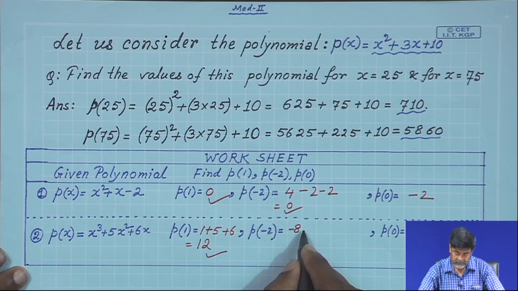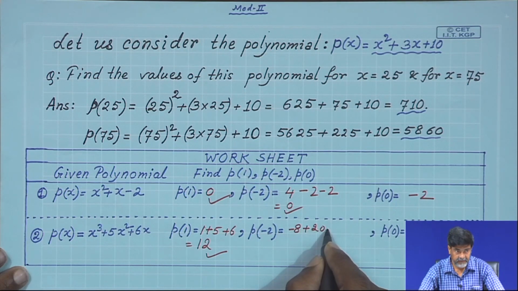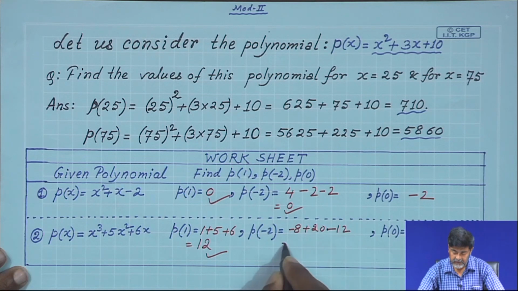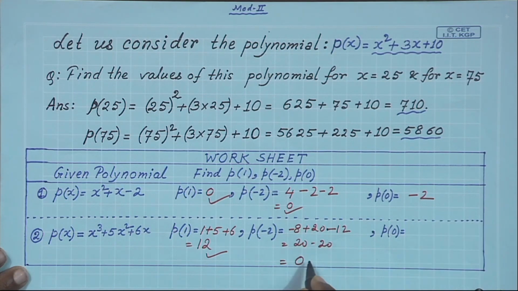Then 9 minus 8 and 4 5s are 20, and for the last term it will be 6 into 2, we are talking about minus 2, that will be minus 12. Then 20 minus 20 would also vanish. Okay. And what is for p(0)? p(0) will be 0. It will be 0, right.